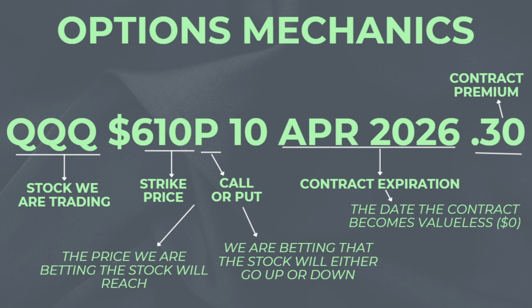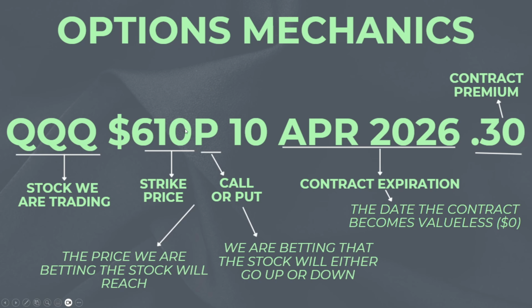This big text in the middle is how Bao and I are always going to structure whenever we give out an options call. For the options contract that I was looking at on Friday, for example, I would have said QQQ, $610 P, 10th of April, 2026, 30 cents. QQQ is the stock that we want to trade.